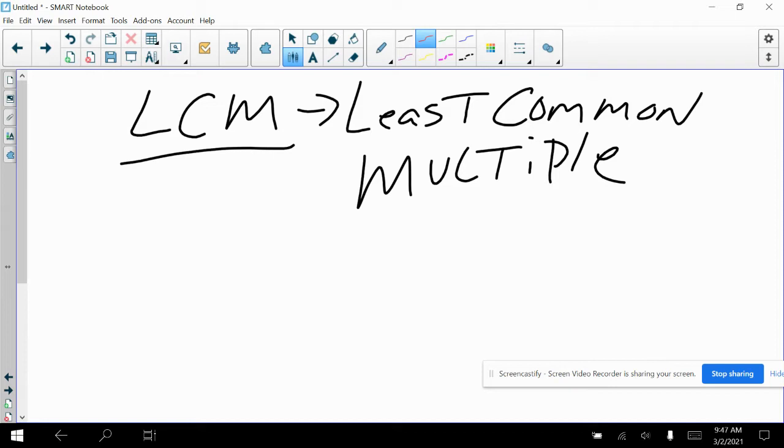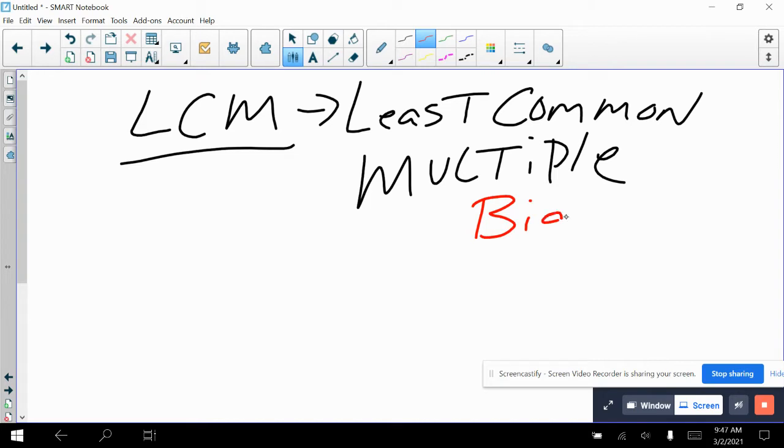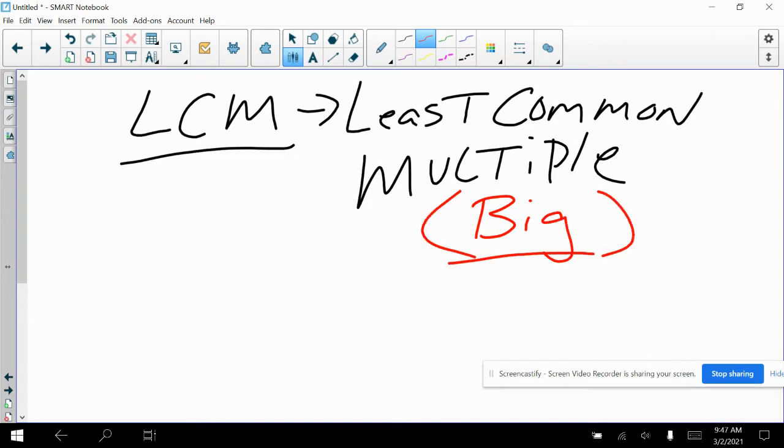When you talk about the least common multiple, this is generally going to be a big number, because multiple means to multiply. So you're going to have to find a small, in the sense, factor that the two numbers divide into evenly.